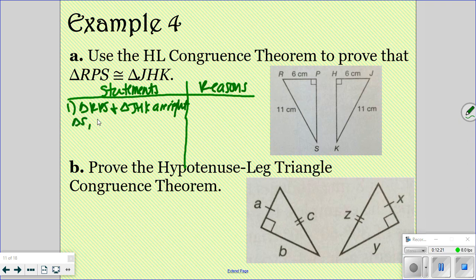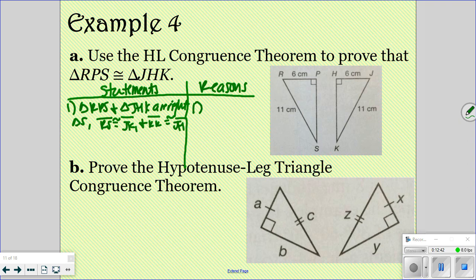We also know that side RS is congruent to side JK, and side RP is congruent to side JH.